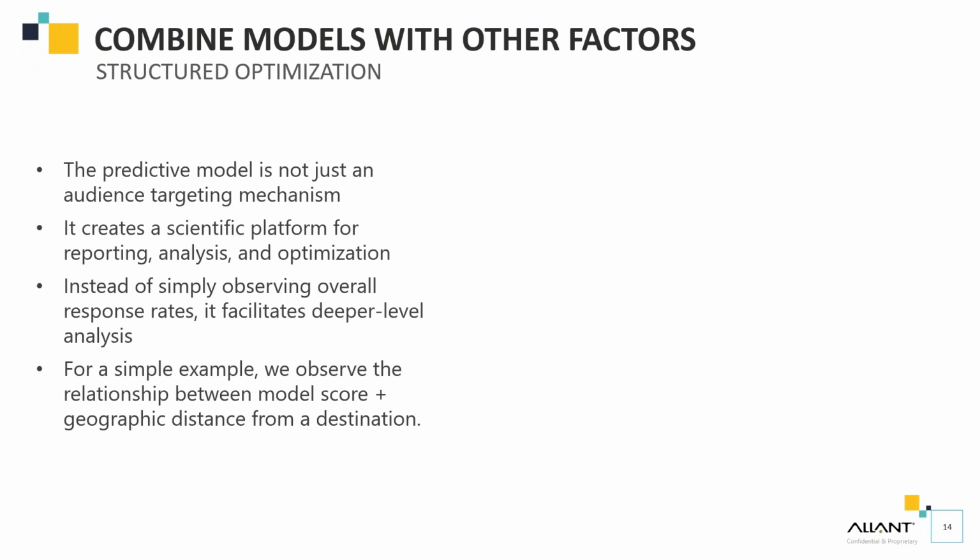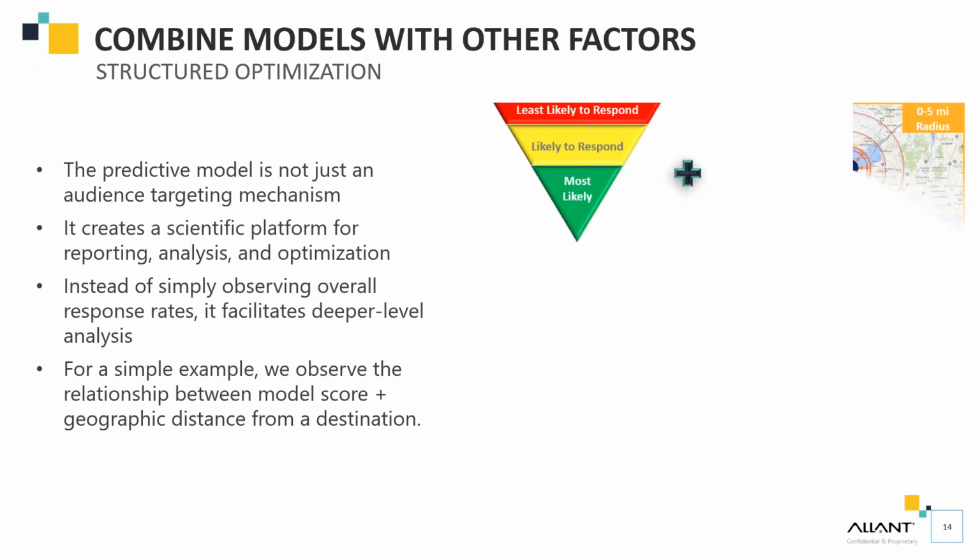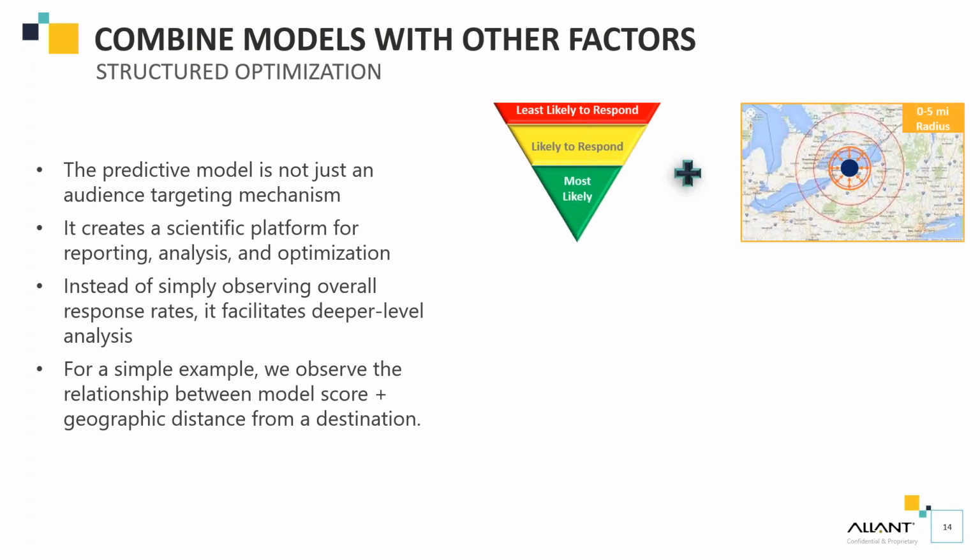So now you can start to think about how these predictive models can be used in combination with other models and other factors. Just for a simple example, let's take geographic distance. Let's say you're trying to drive people to a physical store location. When you're in a tight radius there, you have the ability to cast a wider net and maybe go deeper into your scored audience list.